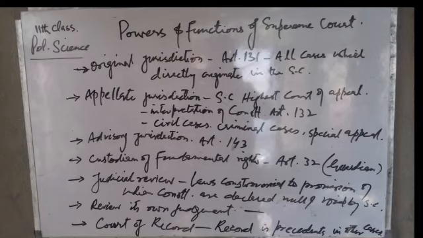Supreme Court also acts as a court of record. Its decisions are printed and they act as precedents in other cases. The Supreme Court is empowered to punish a person even for contempt of court.